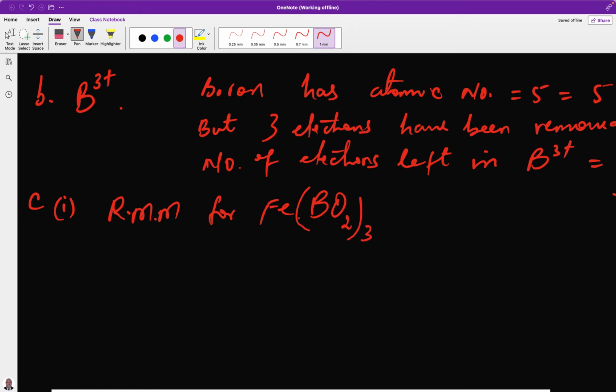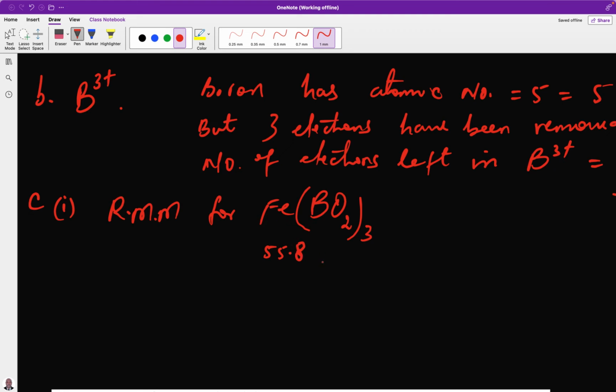If we calculate this here, we are going to use iron as 55.8.